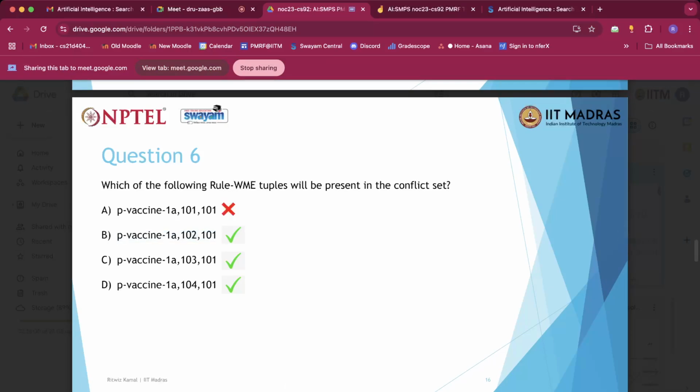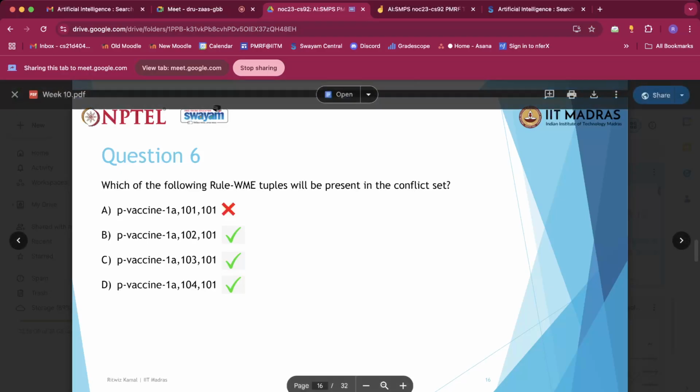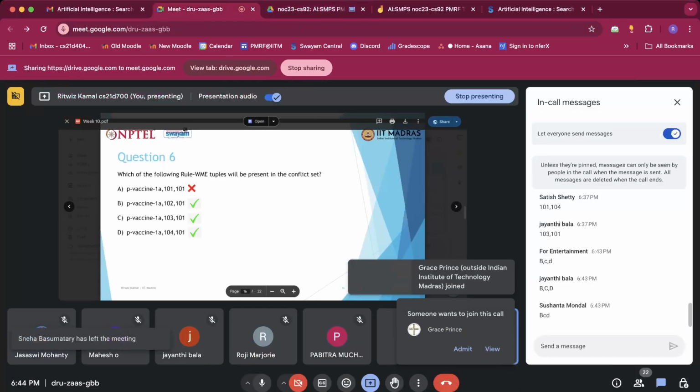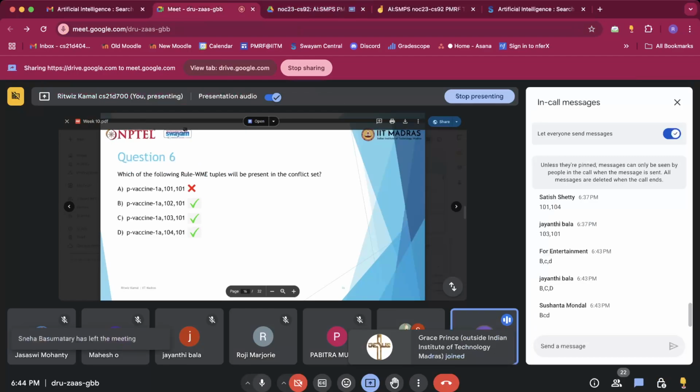So 102 comes before 101, 103 comes before 101, and 104 comes before 101. Why this is so, and how it will help us in some conflict resolutions, for example in recency, we will see in the next few questions. But just make a note of that. I hope this was clear. Any doubts till now before we move on to the next question?